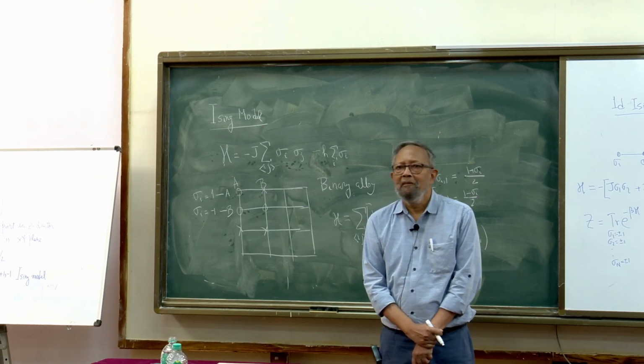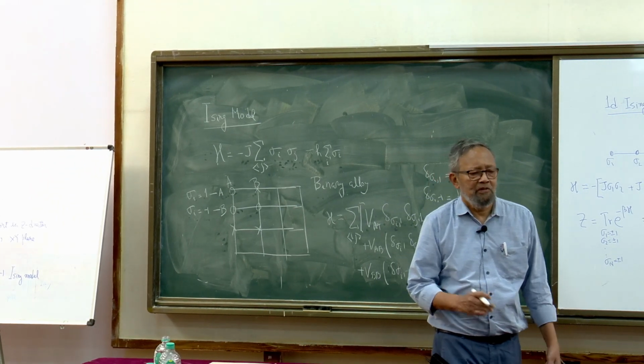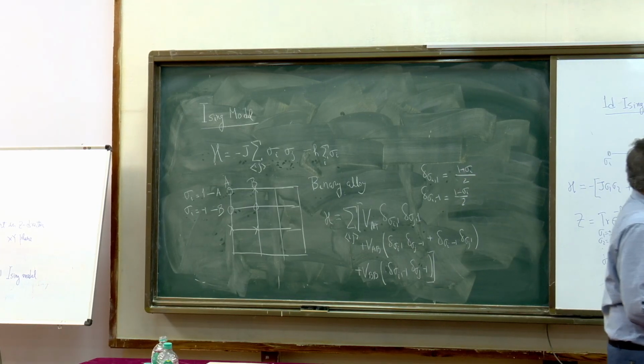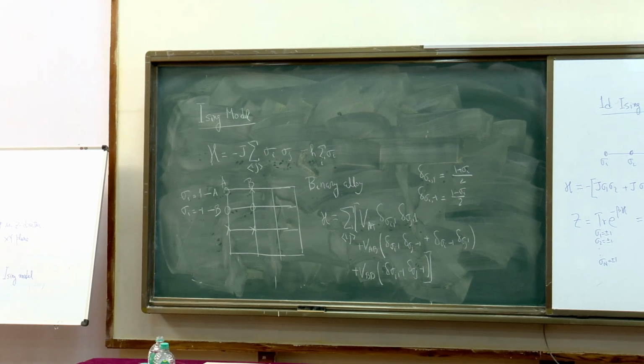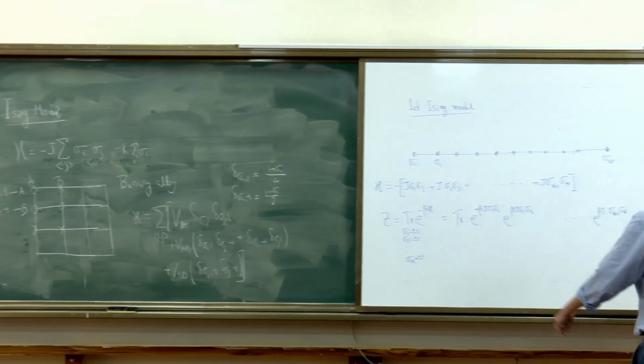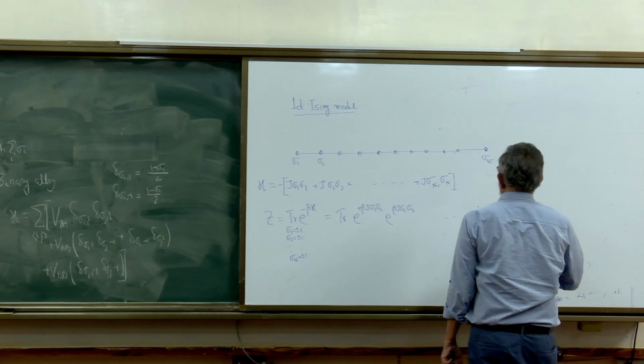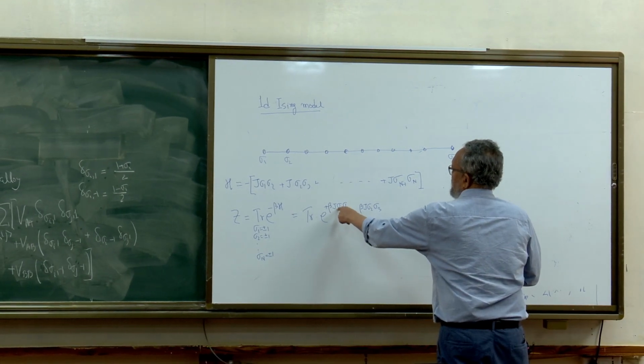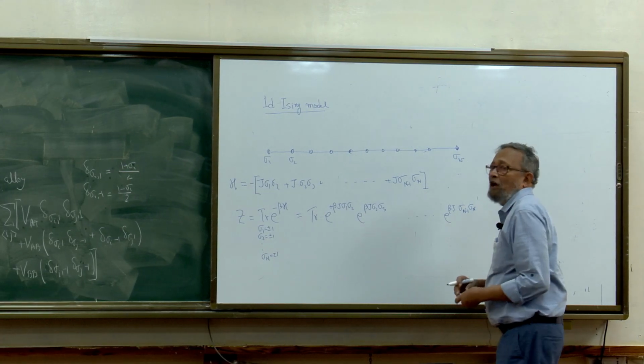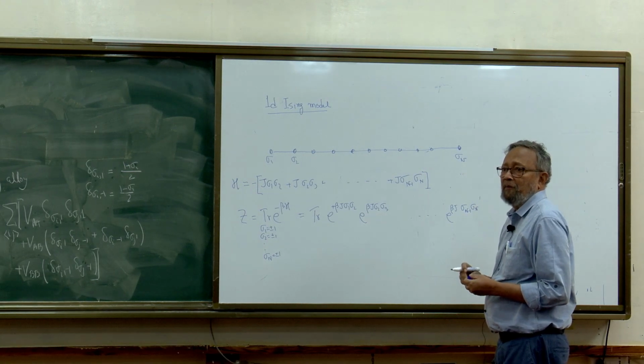You could have seen it, of course, but others might not. So it's just a few lines of algebra. The exponential of beta J sigma 1 sigma 2, this quantity, where sigma 1 and sigma 2 can each take only two values, plus 1 or minus 1.